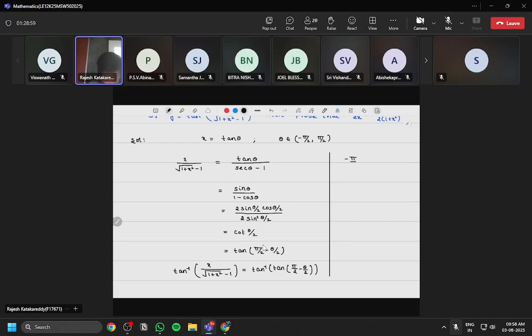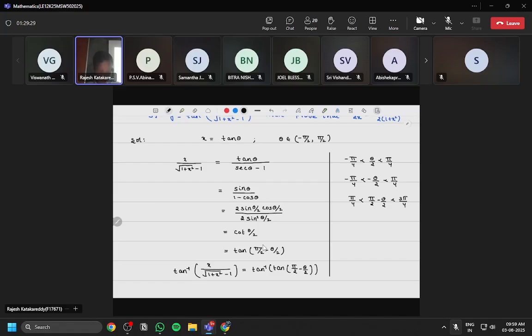Minus pi by 4 is less than theta by 2 is less than pi by 4. Multiply with minus 1: minus pi by 4 is less than minus theta by 2 is less than pi by 4. Adding pi by 2 on both sides, pi by 4 is less than pi by 2 minus theta by 2 is less than 3 pi by 4.